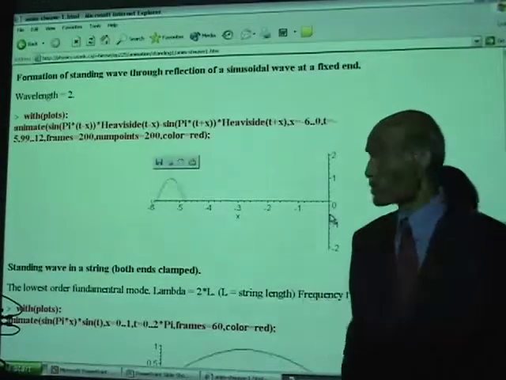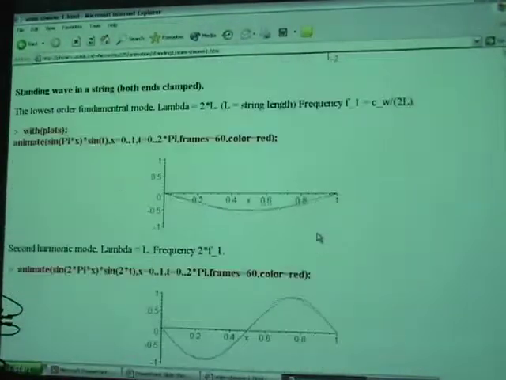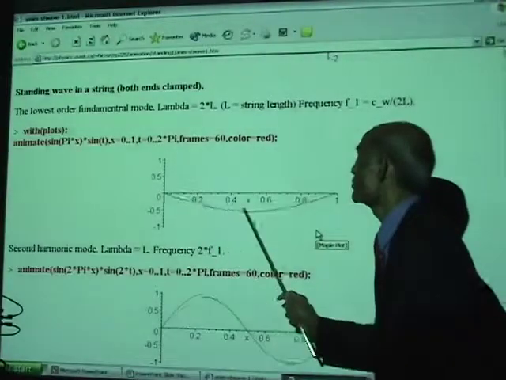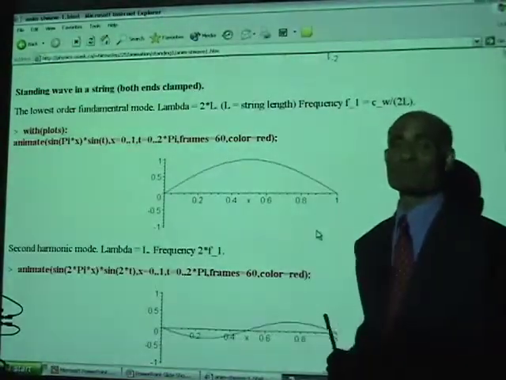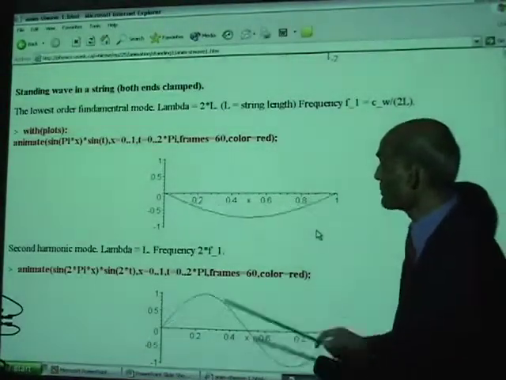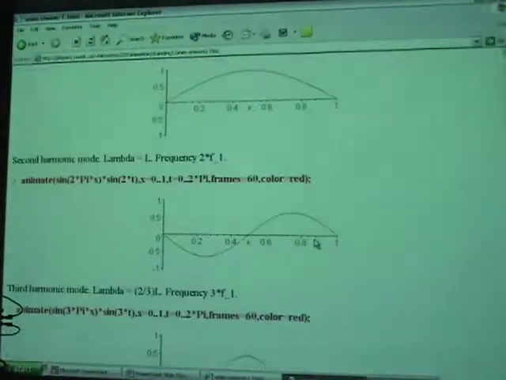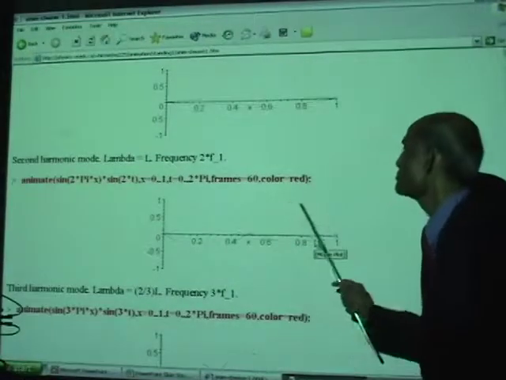Now, let's look at the fundamental mode of vibration. Now, this is the fundamental mode of vibration. The string vibrates in just 1 loop. You see that? And if you look at the bottom one, you got the second mode of vibration. The string vibrates in 2 loops.